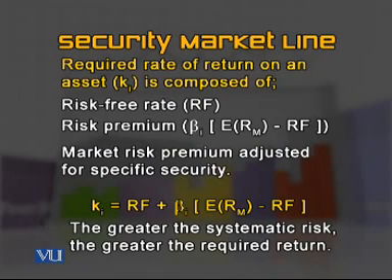Obviously, the required return will increase along with the systematic risk, and that is what we need to understand while we're talking about return and beta relationships, because the required rate of return on an asset is composed of the risk-free rate and the risk premium.